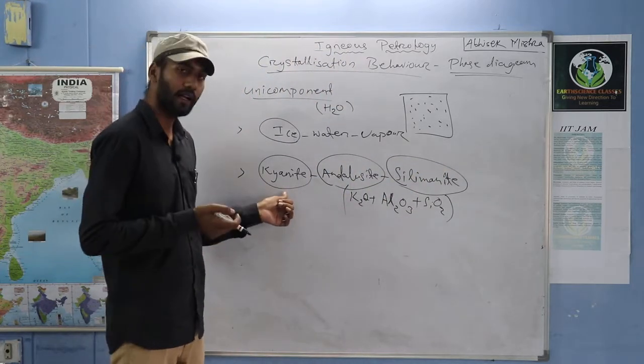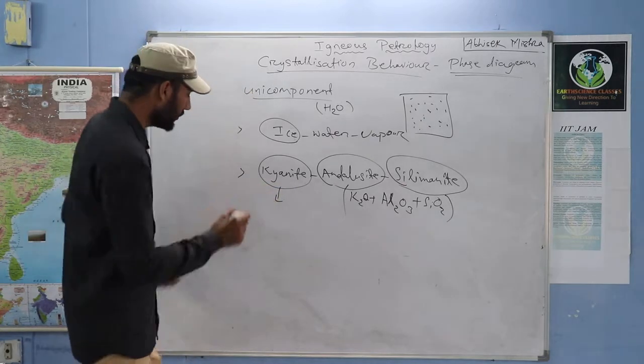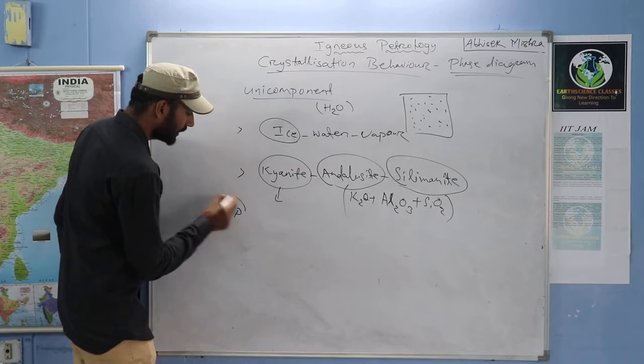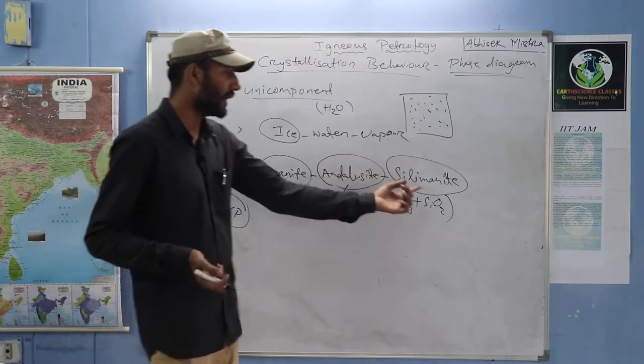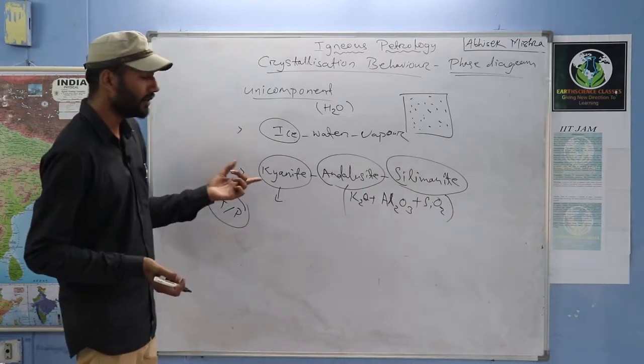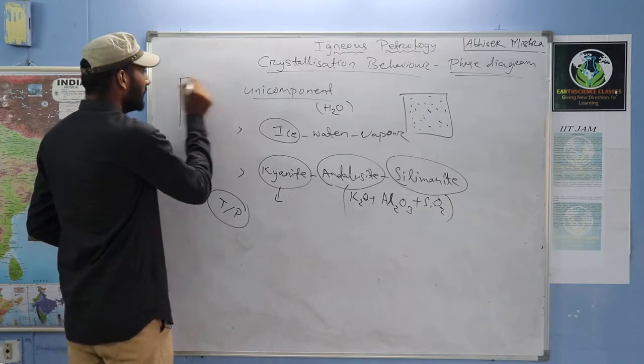Kyanite occurs at high pressure. Here we are considering both temperature and pressure, because we are using the example of kyanite, andalusite and sillimanite in metamorphism. I think all of you have noticed this in the metamorphic phase diagram.